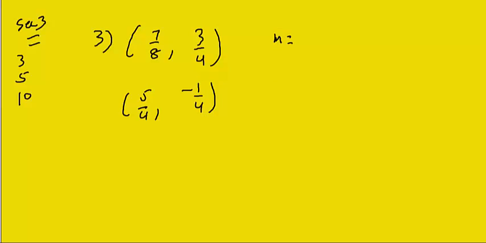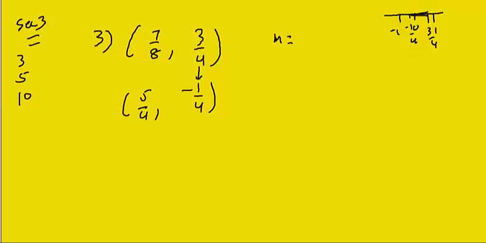How about change in y over change in x? You're at 3/4, you go to negative 1/4. How many steps does it take to get there? Think of a number line. 0, 1, you're at 3/4. -1, -1/4.